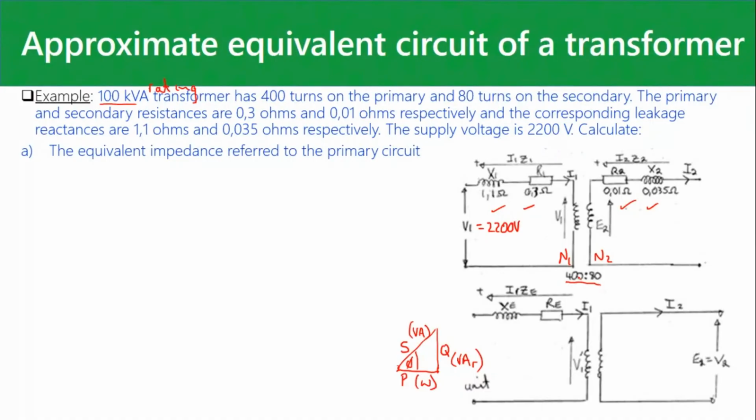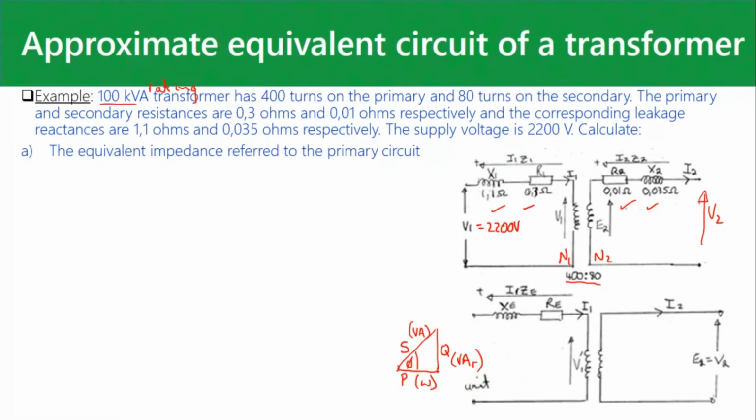But then what happens, they now ask, they might not even ask you to work out equivalent resistance and reactance. They might just ask you, what is V2 on load? What that means is work out the per unit regulation. That's what it's telling you.